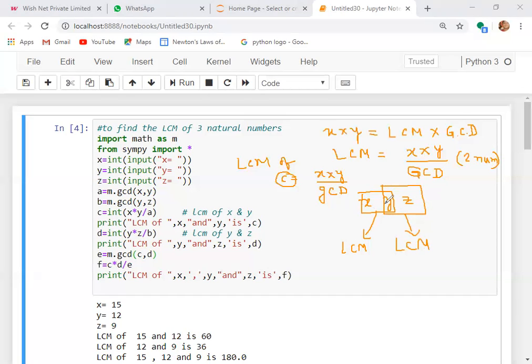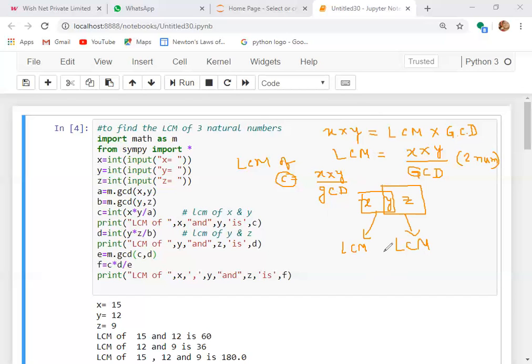Then with the same logic we take these two LCMs as separate numbers and find the LCM of those two. This is the logic.